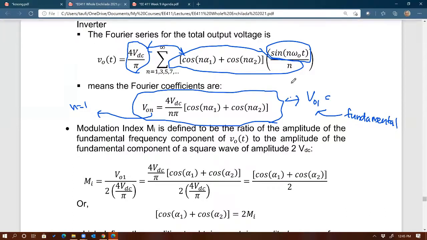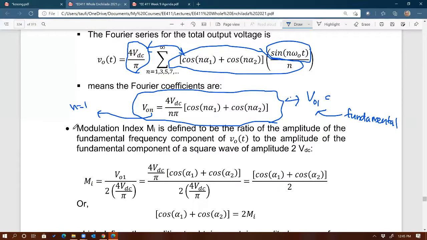Okay, and then more specifically for a multi-level inverter, we define what we call the modulation index, MI, which is defined as the ratio of the amplitude of the fundamental frequency component of the output to the amplitude of the fundamental component of a square wave of amplitude VDC.